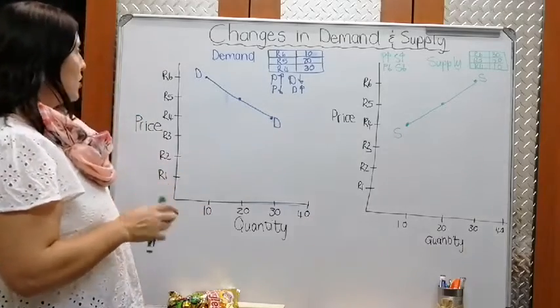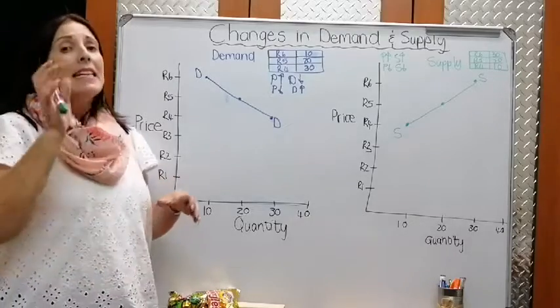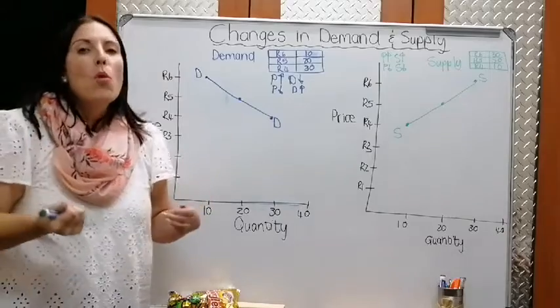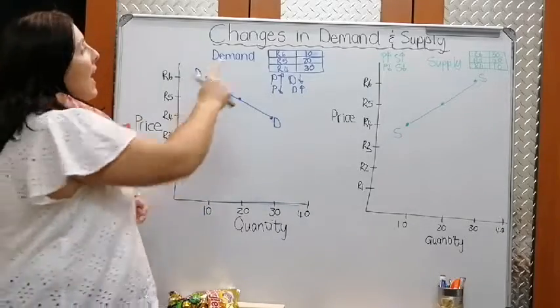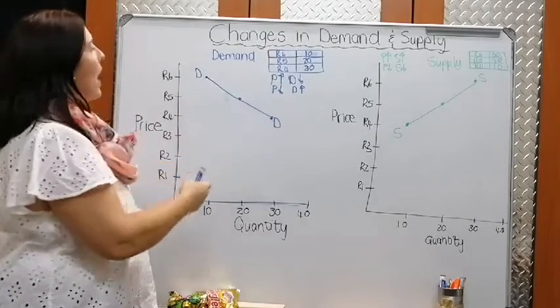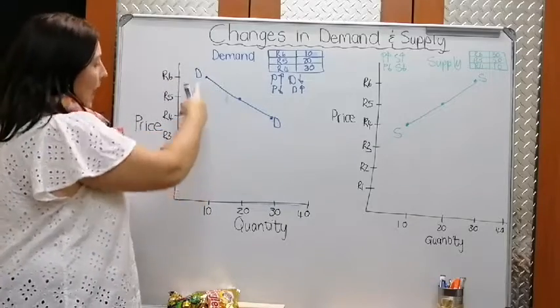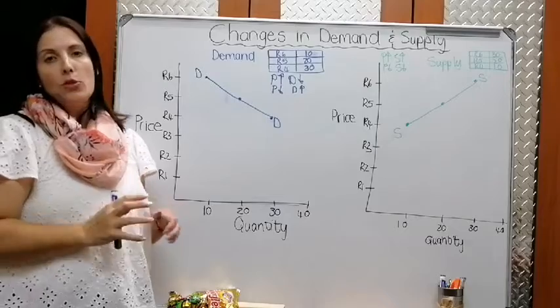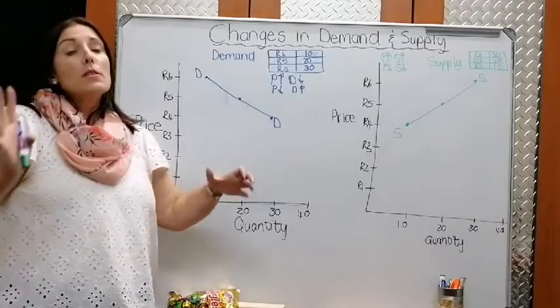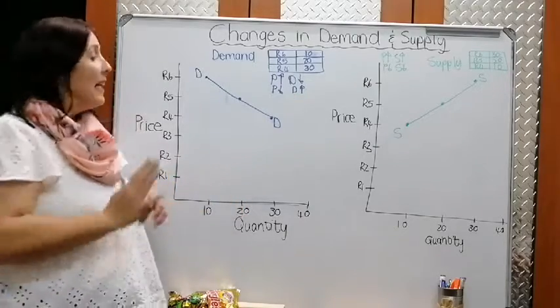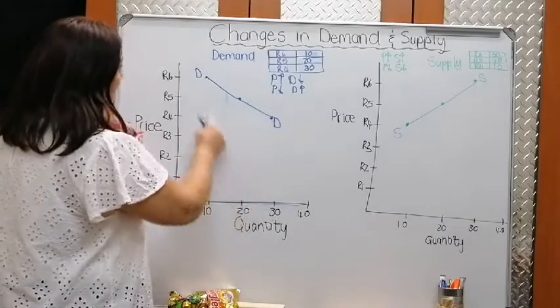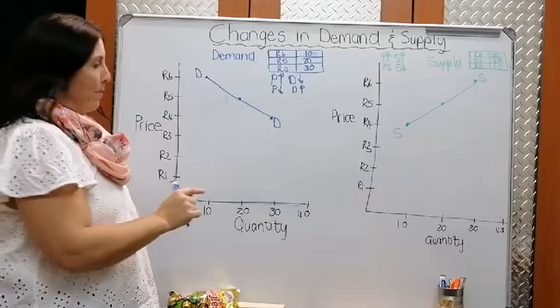So let's say, for example, now at 6 Rand, because people have more money to spend, as with our schedule that I've already drawn up, at 6 Rand, usually only 10 students were prepared to buy the Twiggles chips. But because more students now have more pocket money, now let's say 20 students are prepared to pay 6 Rand for a packet of chips.